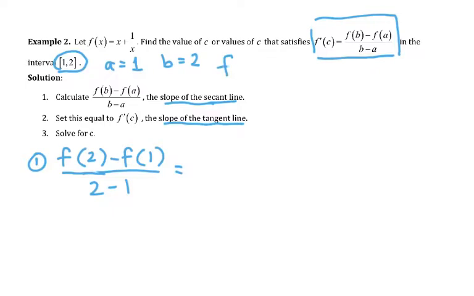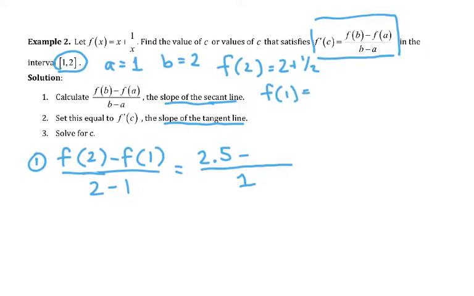So what is f of 2? That would be 2 plus a half, so we can call that 2.5. What is f at 1? Well, f at 1 would be 1 plus 1 over 1, which equals 2.